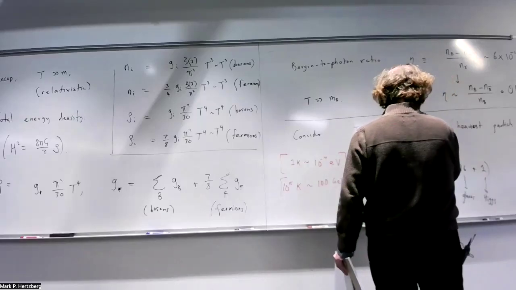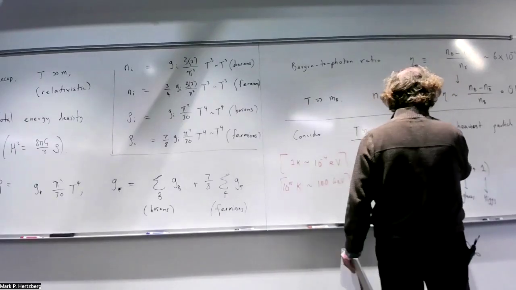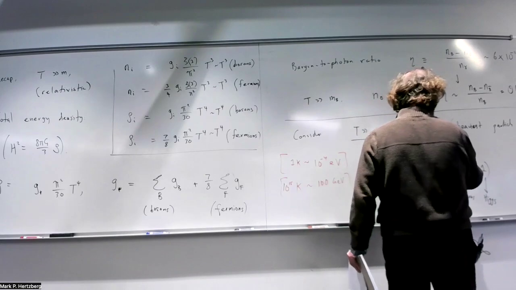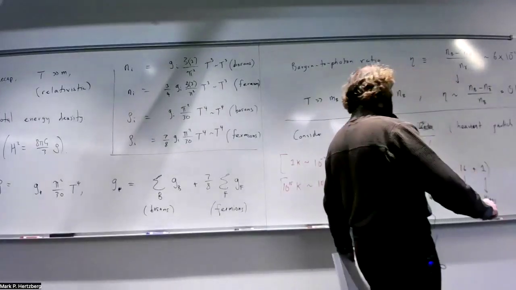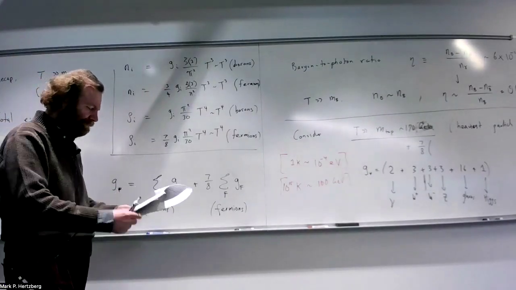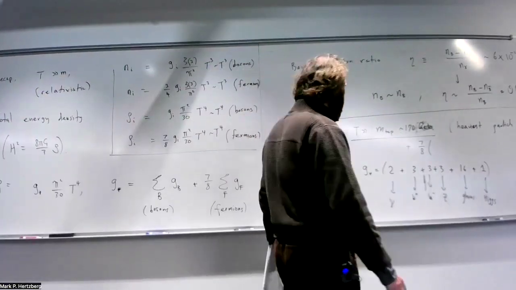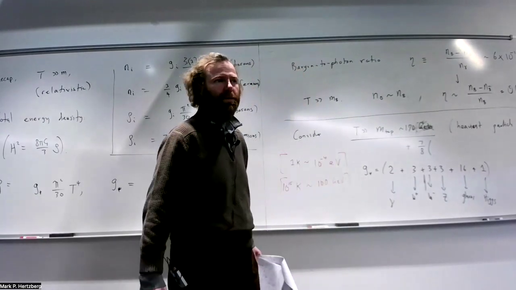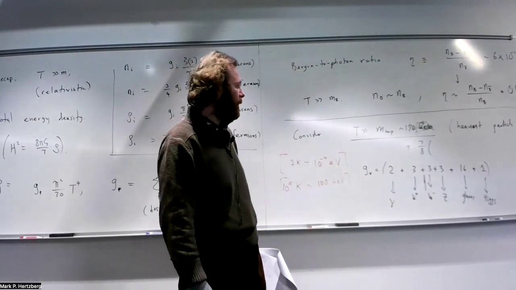And now, maybe I'll put it up above because I ran out of room, the 7/8 for the fermions. For fermions, let's start with the charged leptons.